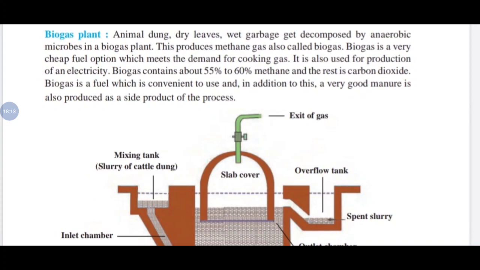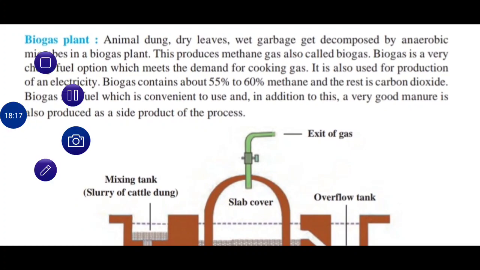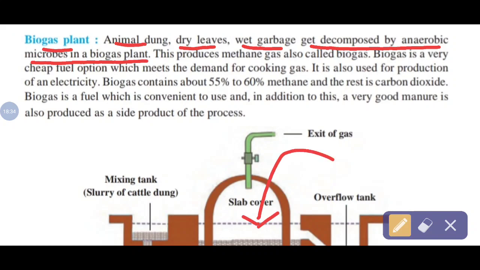So, biogas plant. See what is given. Animal dung, dry leaves, and wet garbage get decomposed by anaerobic microbes in the biogas plant. Which material are we adding inside this biogas plant?